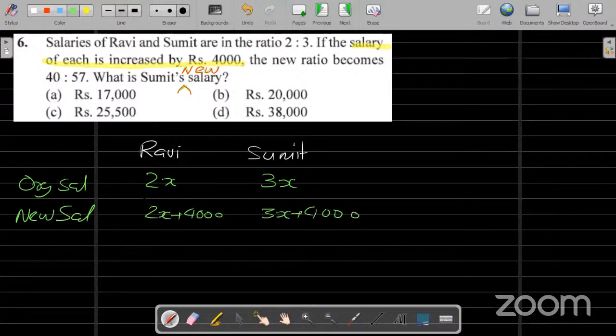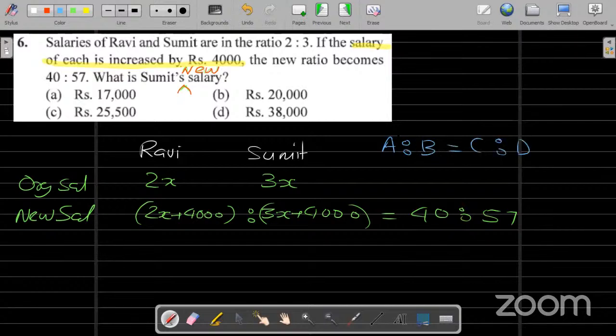Now it is given in the question that the increased salaries are in the ratio 40:57. Now this forms a proportion. All of you might be knowing what a proportion is. A proportion is an equation of two different ratios, like A:B equals C:D.